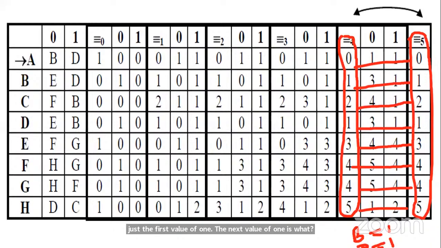Are you still with me here? Do you understand what I've just said? You have this guy, B, having the value of 1 because of the combination. Then you have D, having the value of 1 because of the combination.